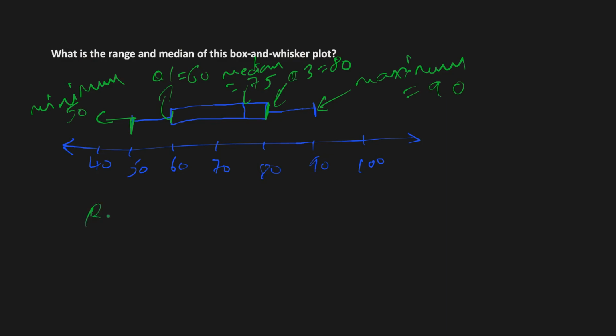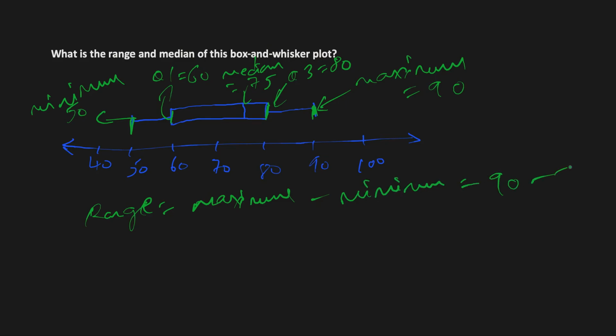So if you remember, range is nothing but the difference between the maximum and the minimum point. I've also discussed how to calculate range in my last video. But in short, range is the maximum value minus the minimum.